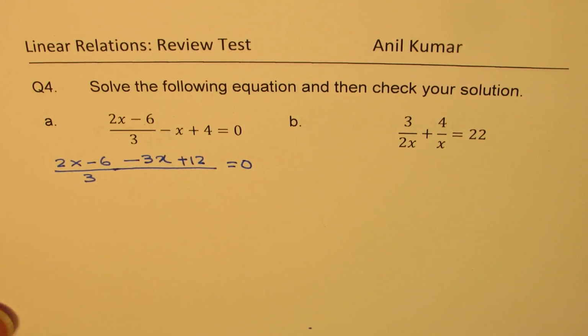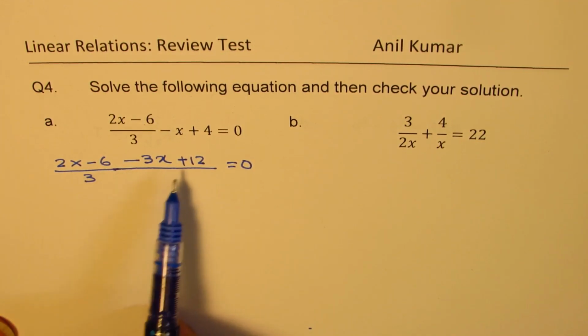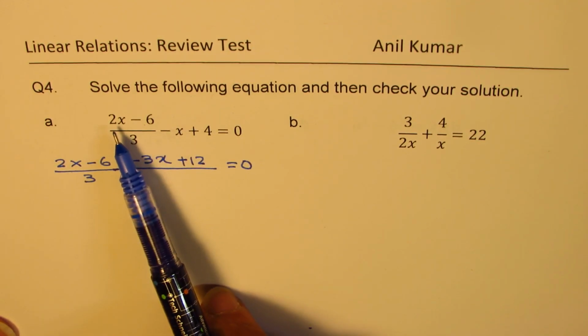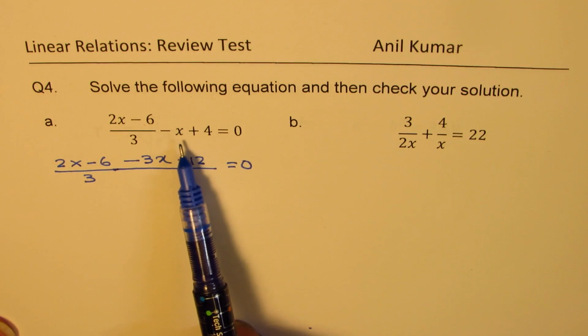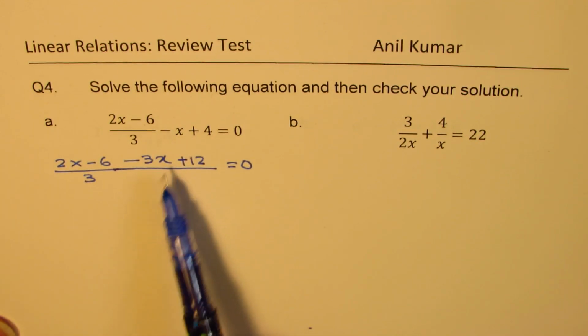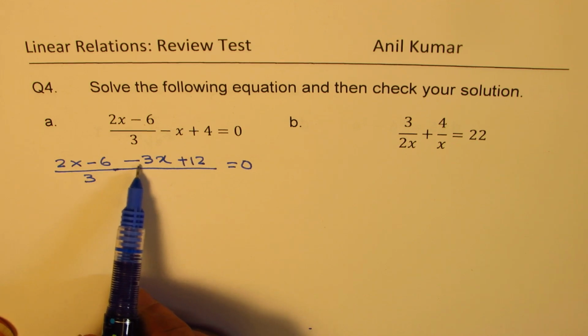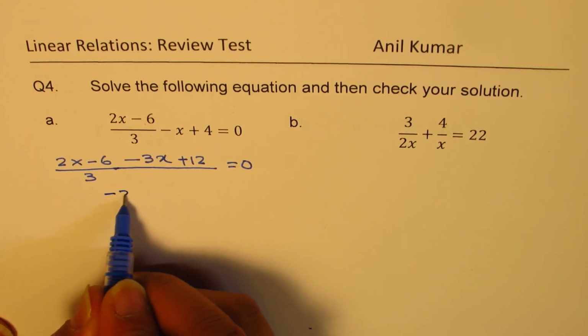Does it make sense to you, right? So that is how we could do it. You could actually take these terms to the right side, cross multiply, and then also solve. That could be there. But we could take common denominator 3 and then do. So here we get 2x minus 3x, which is minus x.